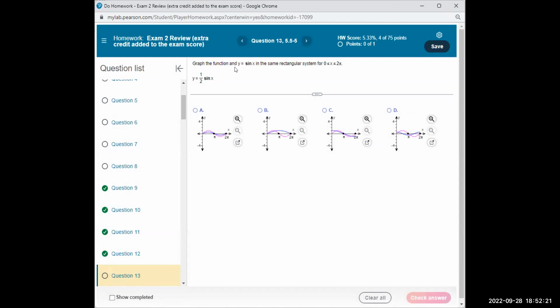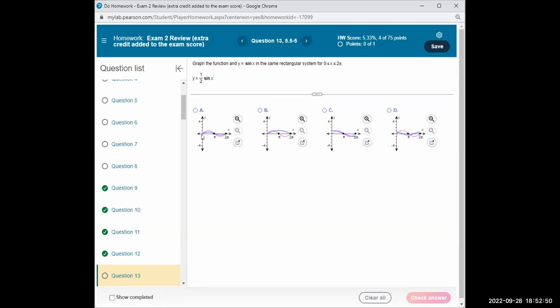Okay, graph the function and y equals sine x in the same rectangular system from 0 to 2 pi. Notice the amplitude is 1/2, and the sine function is going to have an amplitude of 1, and so this is going to be 1/2 now. So it looks like this is the correct graph.